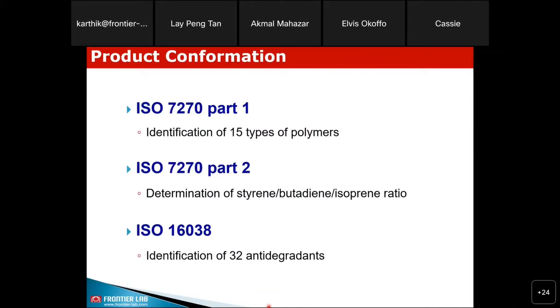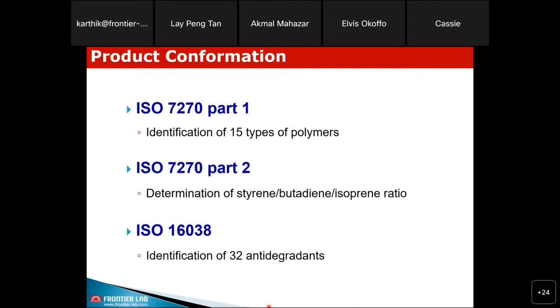Now, most of these tire industries also have to do QC based on this product confirmation test, where there are some ISO tests available. ISO 7270 has two parts. Part one requires the identification of polymers present in the tire, and the second part is about the ratio, the composition analysis.